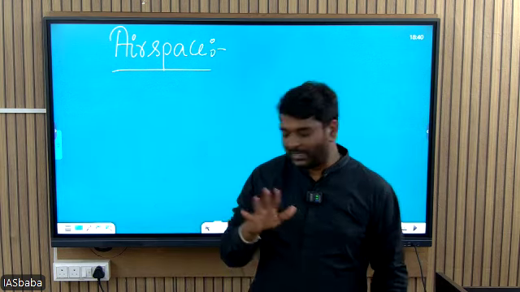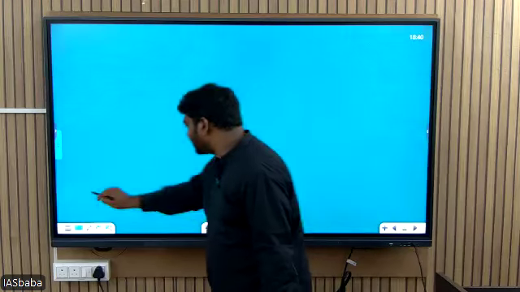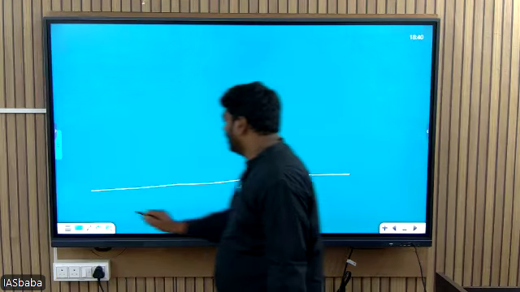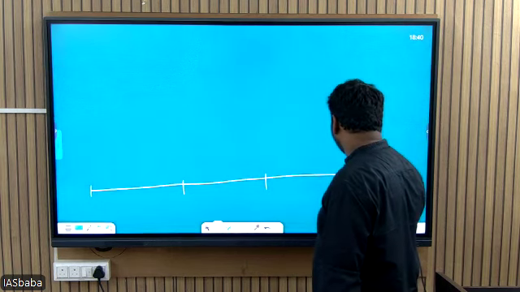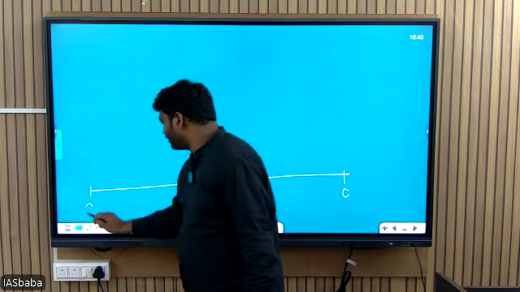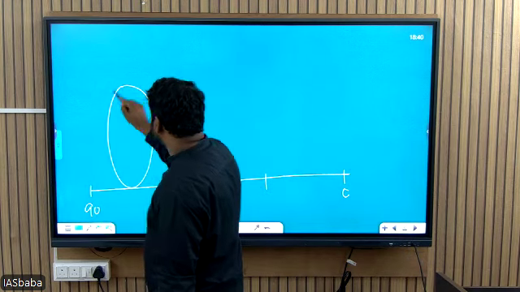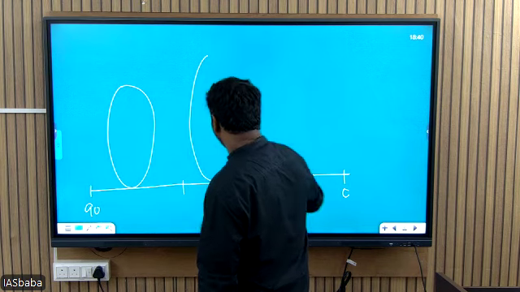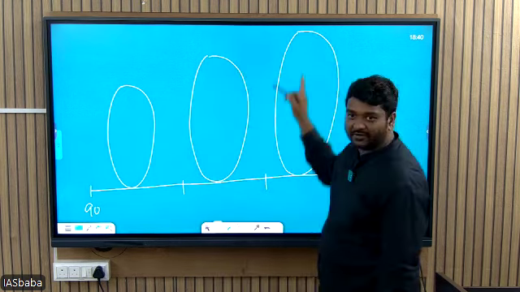Correct? So basically, remember, I hope you have this concept clarity: the height of the troposphere is less near the poles and it increases near the equator.